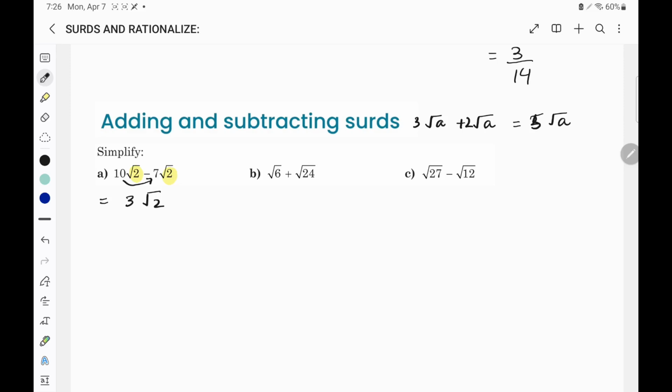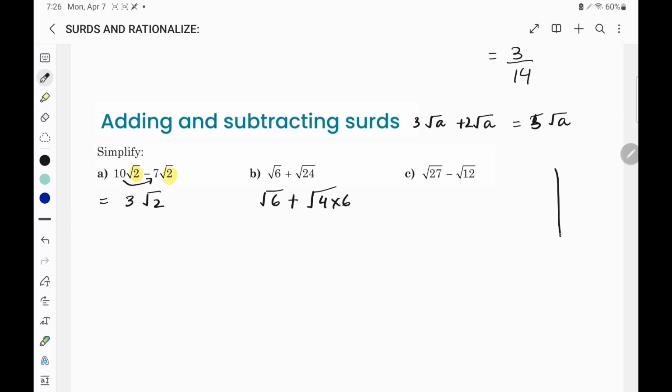Now again you have to make these the same surds. Square root 6 we cannot simplify, but square root 24 you can simplify, like 6 fours are 24. So here we can do 4 into 6.